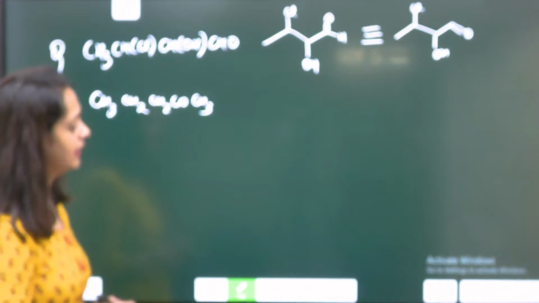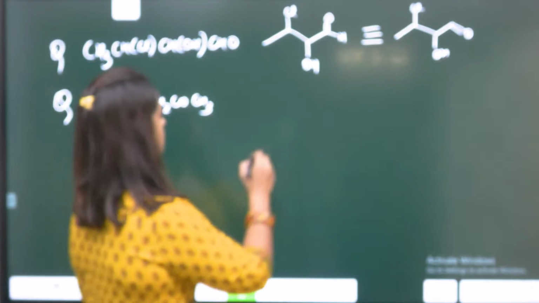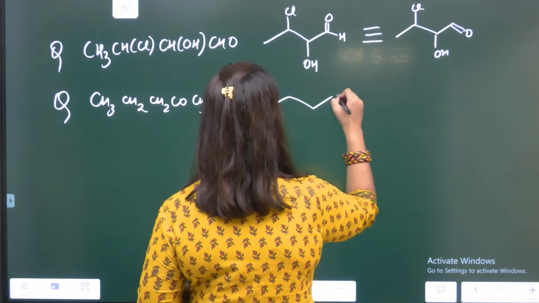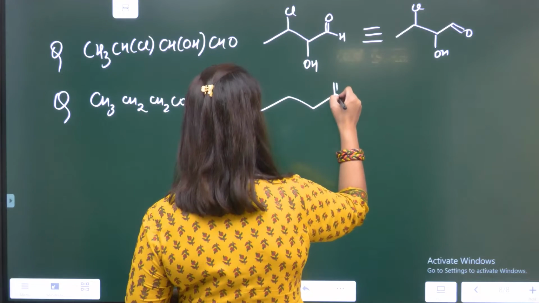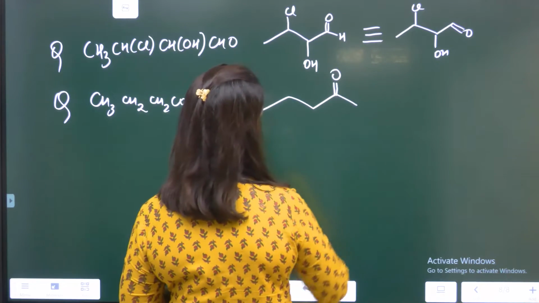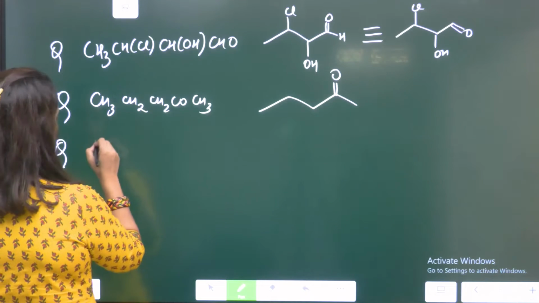How will this look like? Ma'am, at fourth carbon simply a double bond O. So 1, 2, 3, 4, fourth carbon, there is double bond O, right? Yes, ma'am.